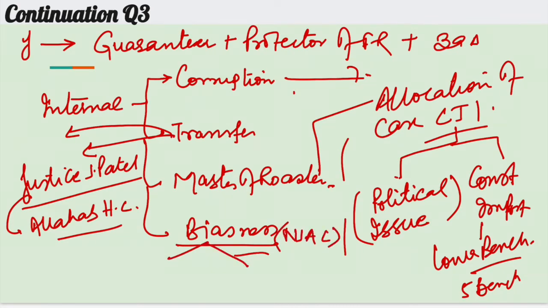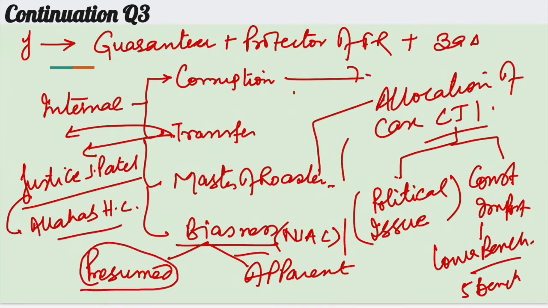Now the last is biasness. The Supreme Court itself has highlighted in the NJAC case that there can be two types of biasness: presumed biasness and apparent biasness amongst the judges. Now the judge will say that a judge never gives any biased judgment, but when the judge has a pecuniary interest in a case, it is called presumed biasness.